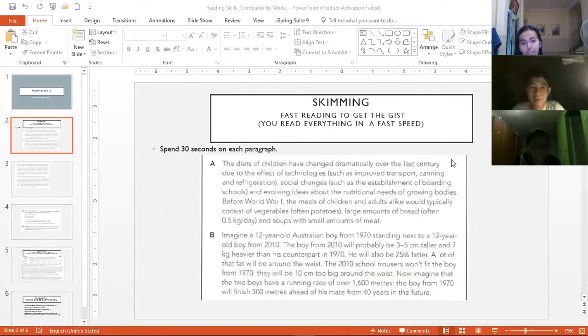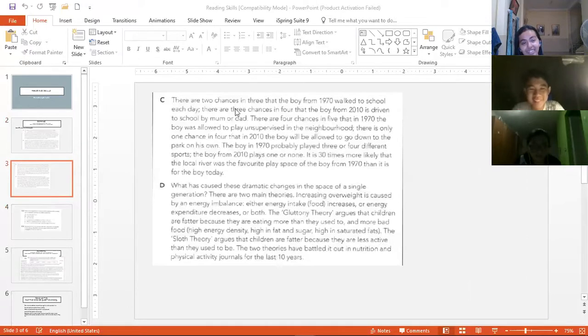So here, if you look, imagine a 12-year-old Australian boy from 1970 with one in 2010. So this is where they compare two boys, one from the past and one from the present. And it's in paragraph B. But in paragraph C, they also compare. There are 2 chances in 3 that the boy walked to school.